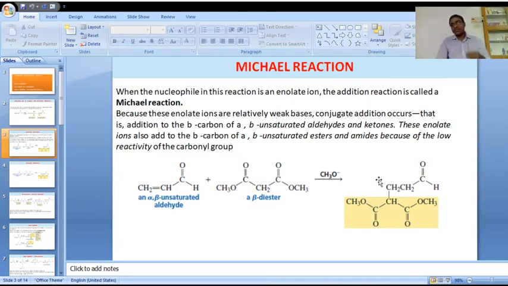In the first slide, we used an alpha beta unsaturated aldehyde or ketone. The same reaction can proceed with an alpha beta unsaturated ester or amide, because of the low reactivity of the carbonyl group.